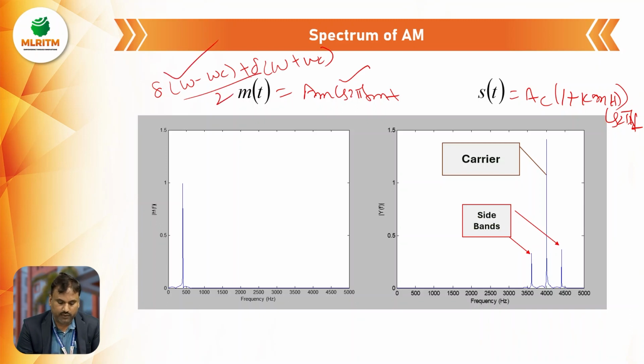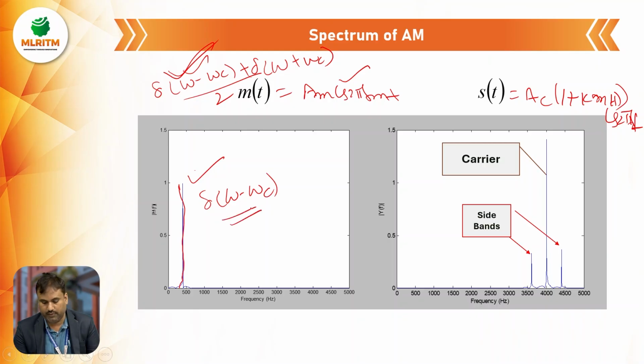One signal comes on the right side of zero, that is del of omega minus omega c, the positive side modulating signal component. And after modulation, you get s of t.